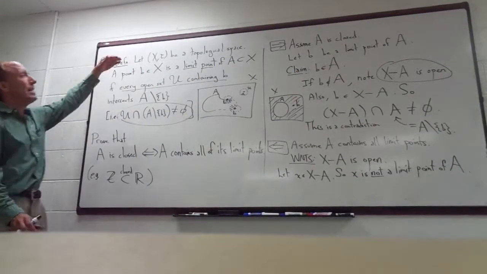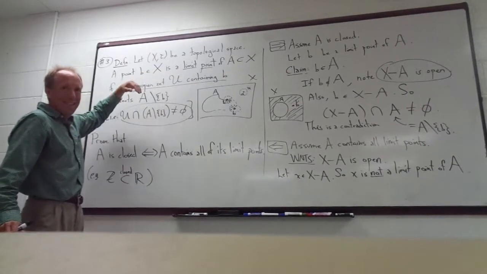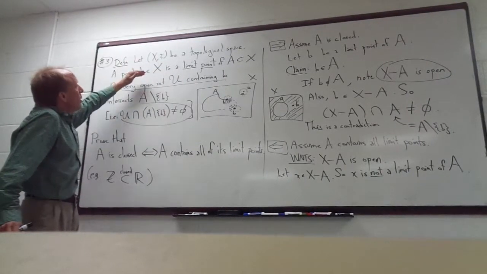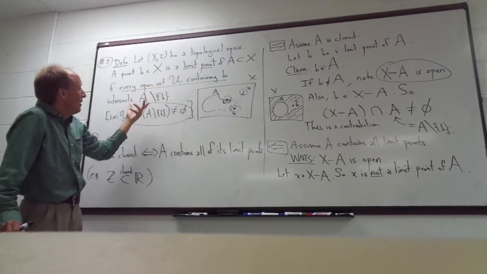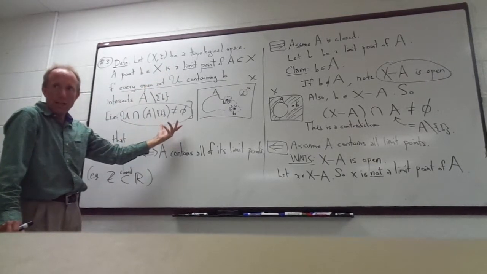So now we have the negation of the definition. A limit point is one where every open set containing the point has a non-empty intersection here.